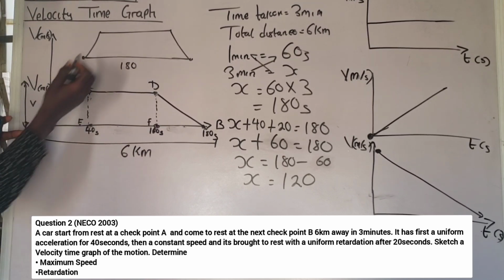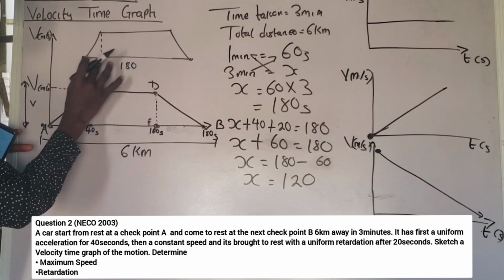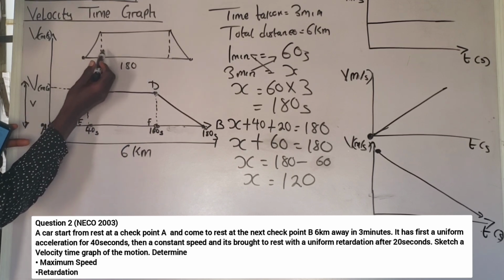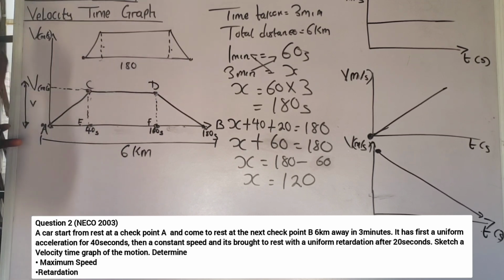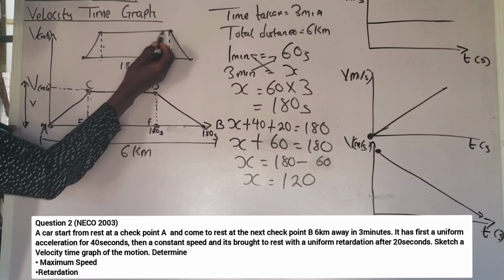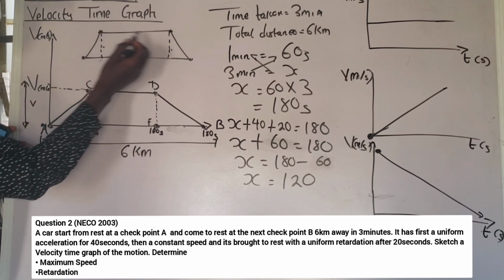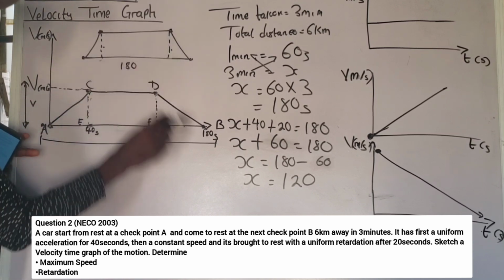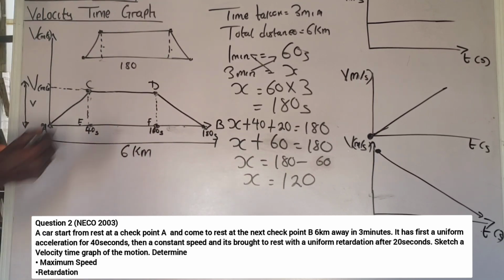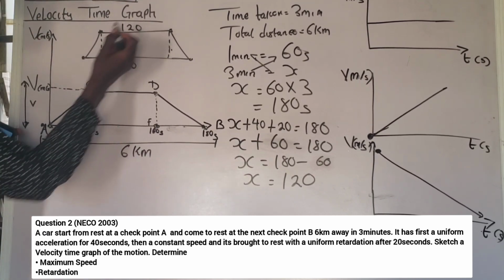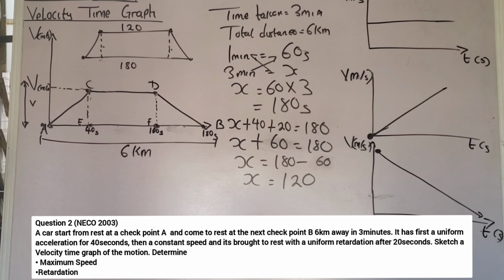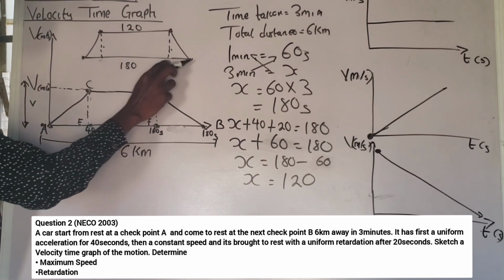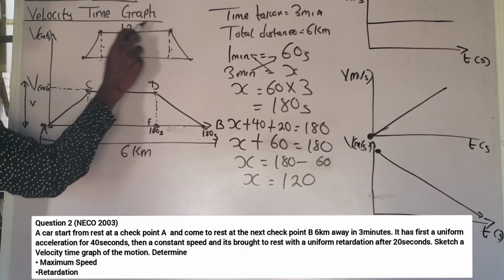From this point, we don't know the value here. And from this point to this point is what? 120. Do you remember? From this point to this point, 180. From this point to this point, 120.